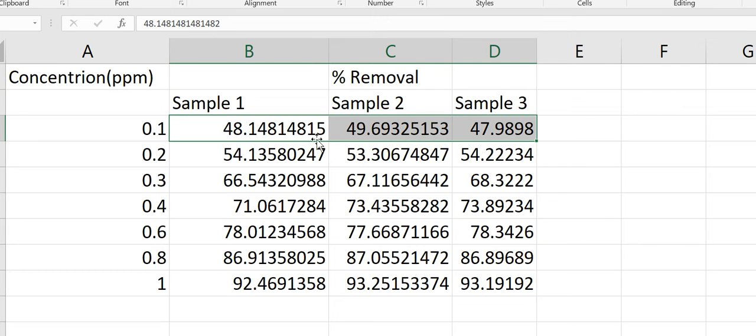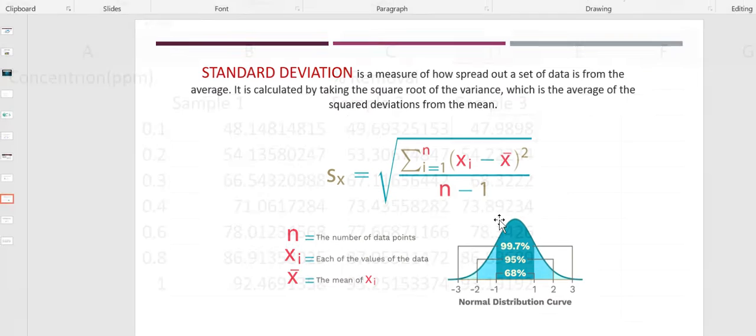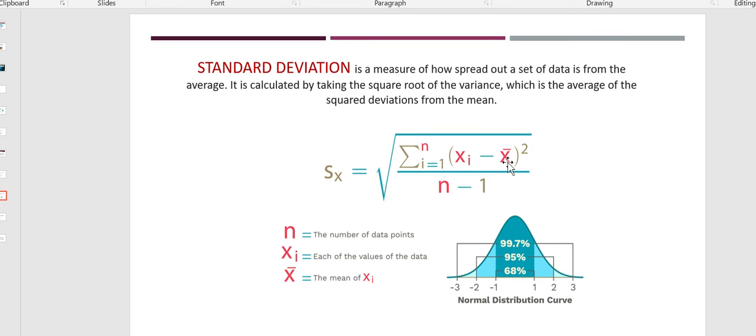For example, if the sum of these three values comes out to be 60, then you have to subtract this 60 from 48, 49 and 47 etc. These individual values are known as xi, that is, an individual data point or data value, and x bar is the mean of these three values.